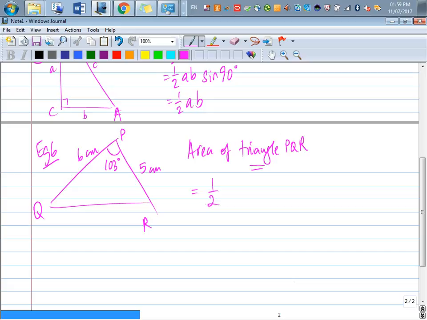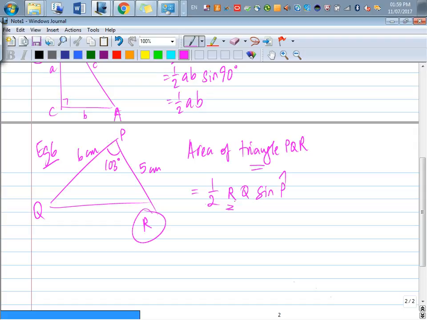Now in this case, am I supposed to write AB sine C? No, I don't have an A, I don't have B, I don't have C. So what should we replace them by? Half R Q. What is this R over here? This R is a point which represents an angle.